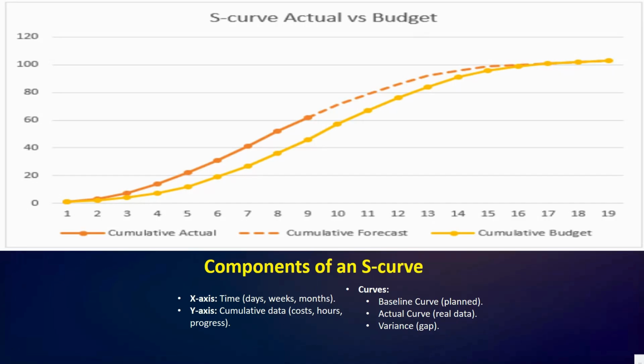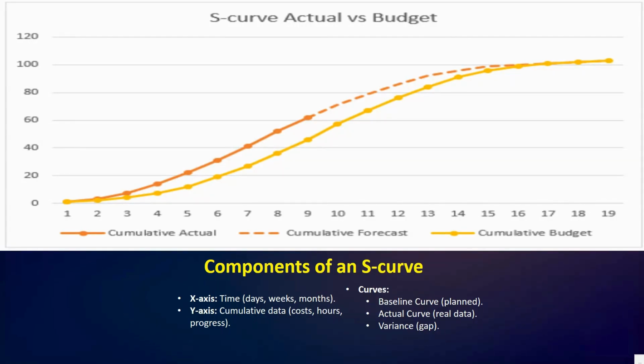Okay. So when we look at the graph, we usually see three curves: the baseline curve, the actual curve, then the variance. We use the variance curve to see the gap or difference. First, the baseline curve, which represents the planned progress. Second, the actual curve, which shows the real project performance data.